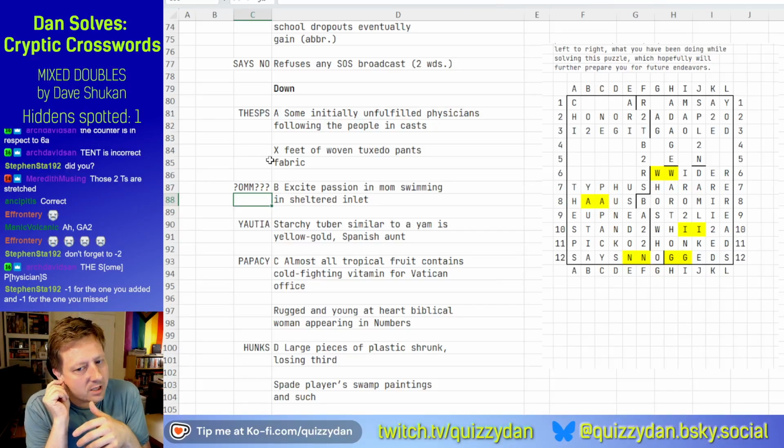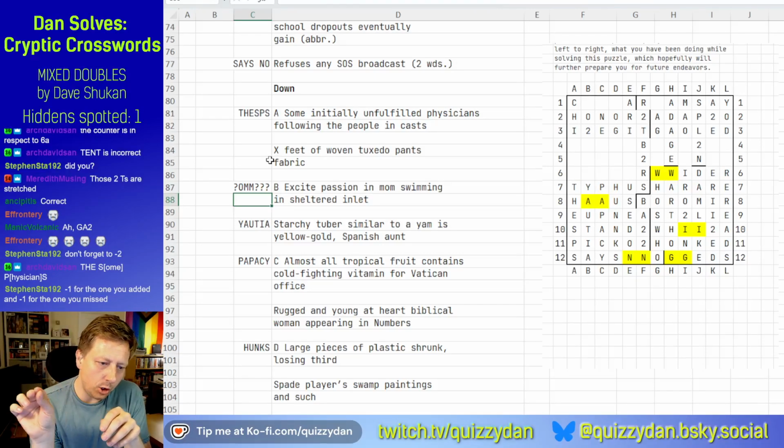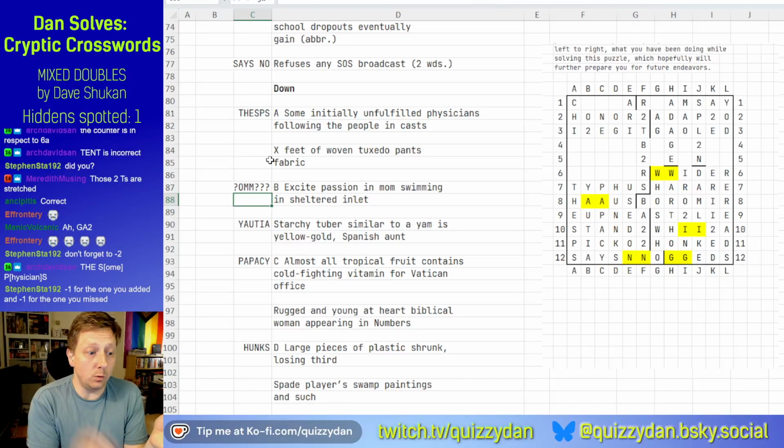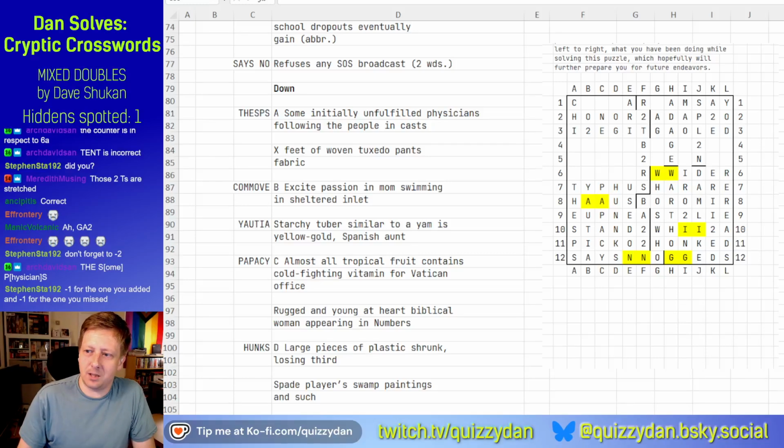And it starts with either a C or a U, because we know we've got Cuba. So a sheltered inlet would be a cove. Comove? Is that a word? To disturb or stir up, to agitate or excite emotionally. There you go. Commove. And that places that.